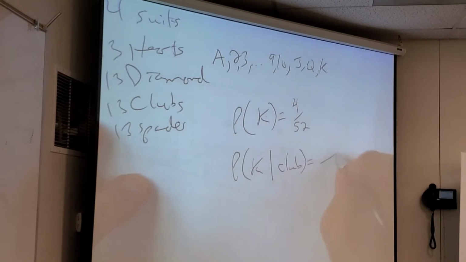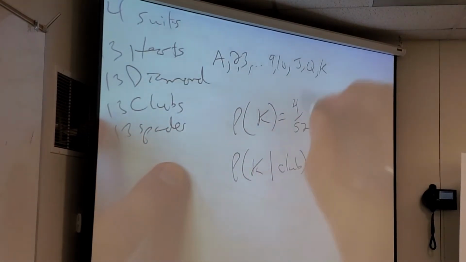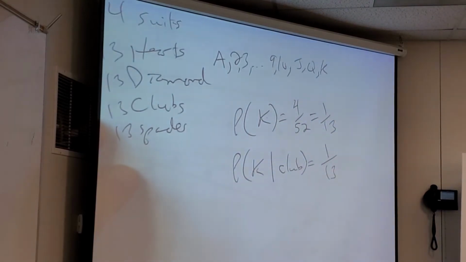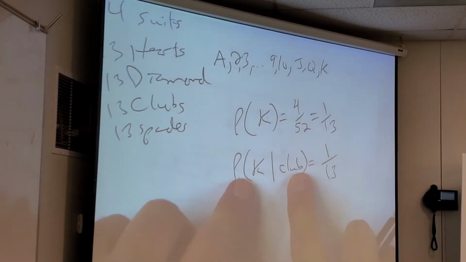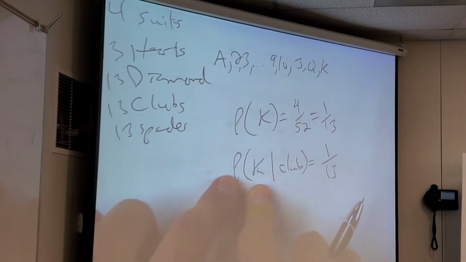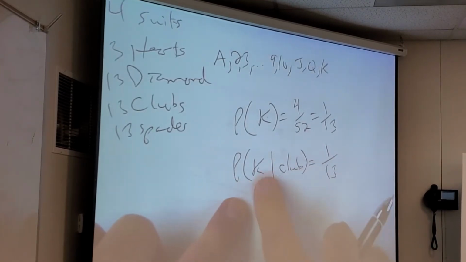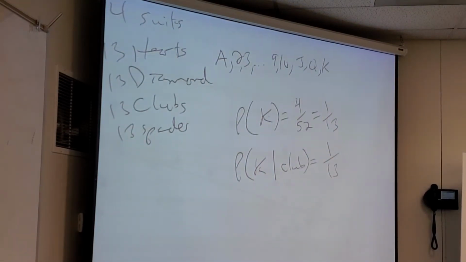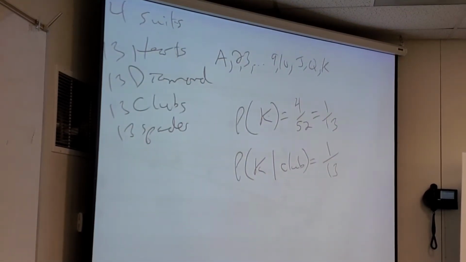There's 13 clubs and only 1 king. What is 4 out of 52 reduced to? So, knowing that it's a club, did it change the probability that it's a king? Nope. Therefore, clubs and kings are independent events. Knowing one does not change the probability of the other.